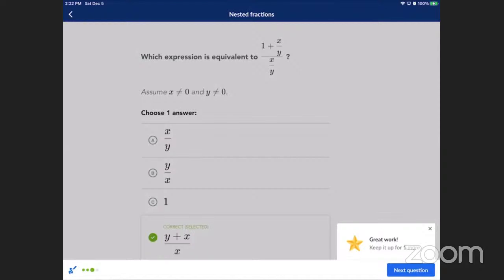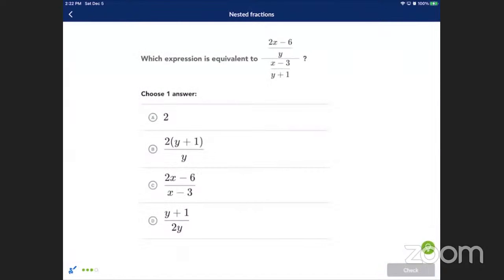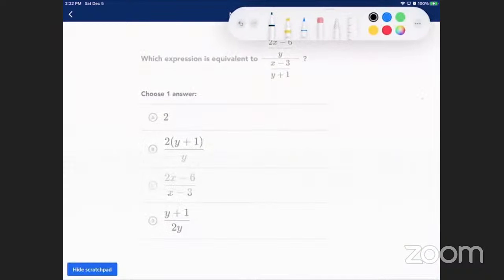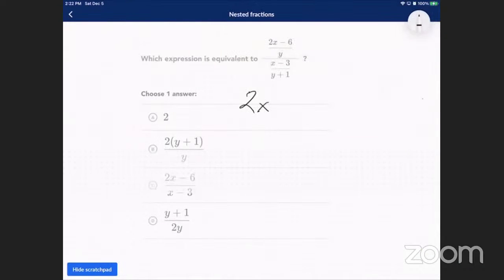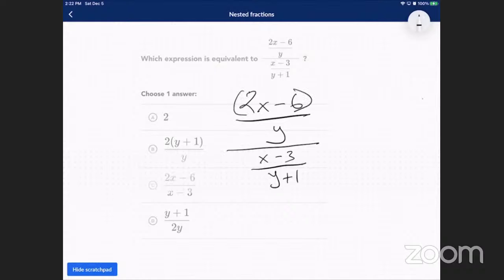Okay, now you have y, and then you have x minus 3, and you have y plus 1. So this one down here, see how now that I did this one, this looks very similar to that one. So that's great.